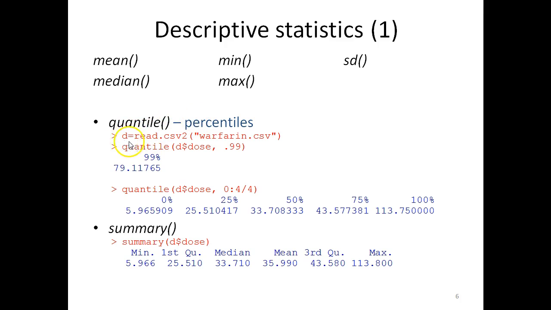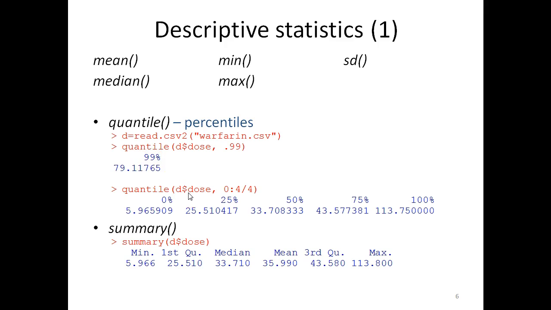And in this example we read the warfarin dataset into memory and put it in the object D, and we're then interested in the column dose, $dose, and ask here for quantile $dose 0.99, and 0.99 is the 99th percentile. So what we get in return is 79.11765, and R also tells us that this is the 99th percentile, which is useful information.